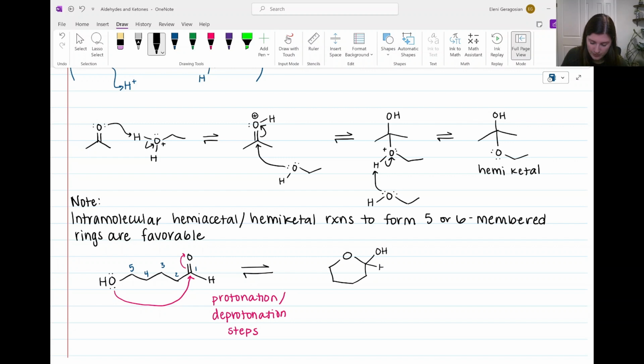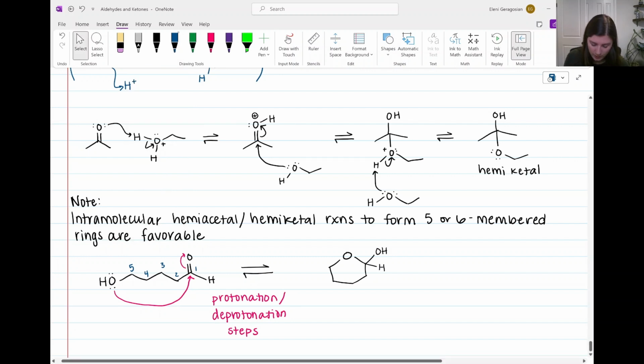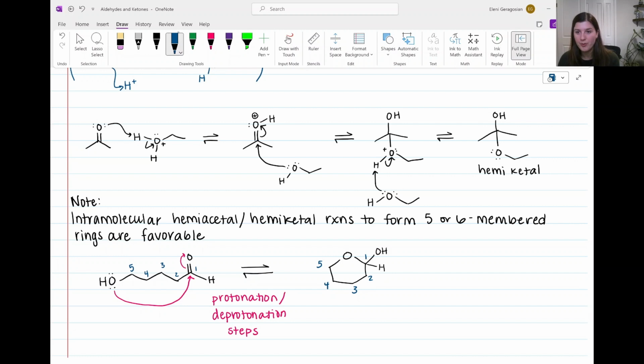So if we number everything, with the pink arrows, we show the oxygen, which is after carbon 5, bonding to carbon 1. So here we have carbon 1, 2, 3, 4, 5, and this is a 6-membered ring. One of the members is an oxygen. This is a favorable reaction.